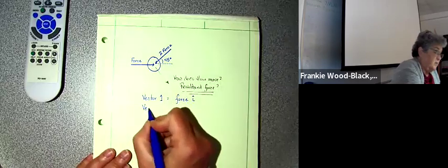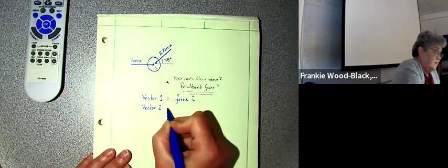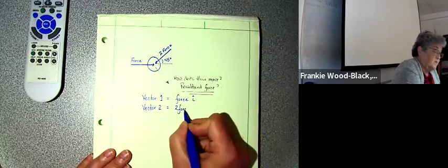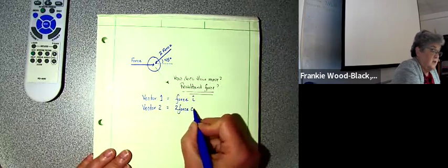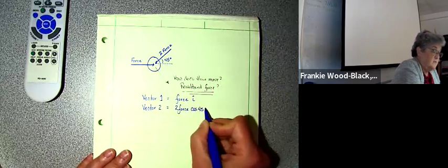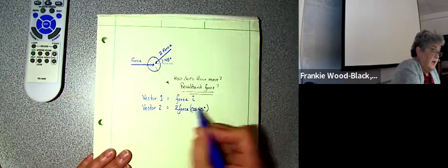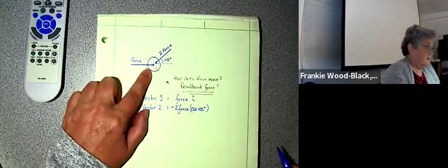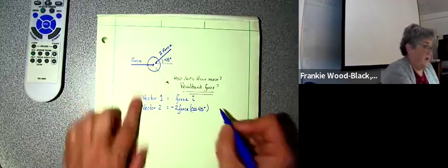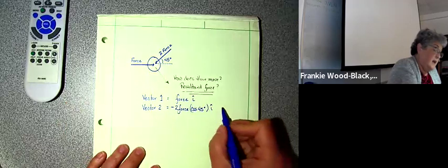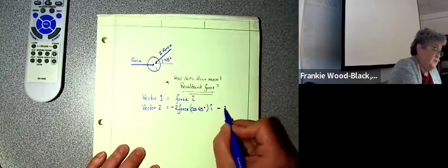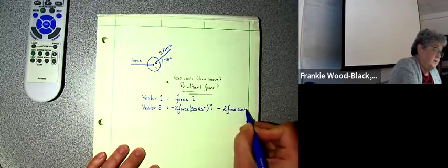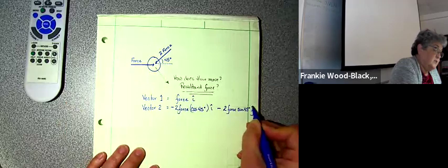My vector 2 is equal to 2 times the force times cosine of 45 degrees, and it's in the negative direction because that force is going that way in the I direction. And this one is negative 2 times the force, sine of 45 degrees in the J direction.